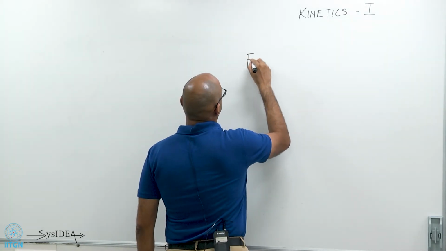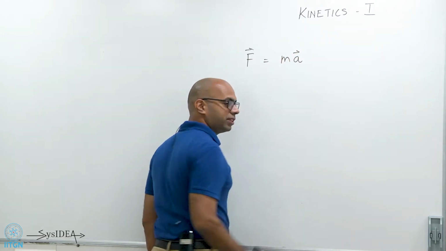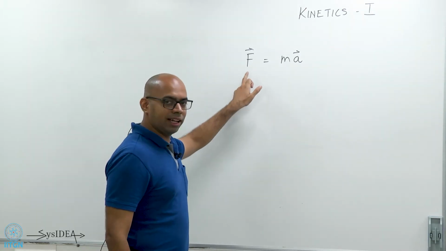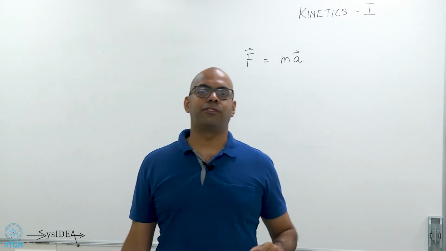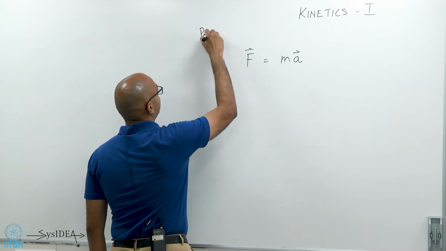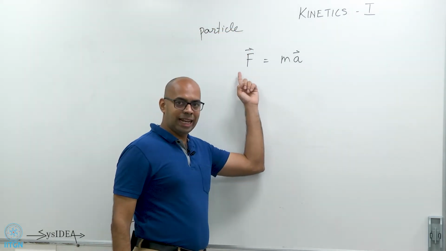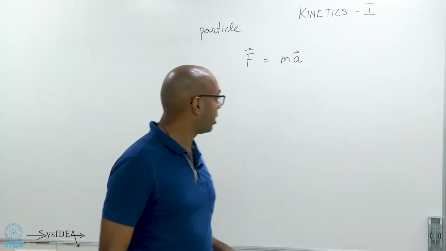Let's start with Newton's law that everybody is familiar with. Here, notice they are vectors, and when I write F here, I really mean the total resultant force acting on the particle. We are at the moment only talking about a single particle. The total net resultant force on the particle is equal to mass times acceleration of the particle.